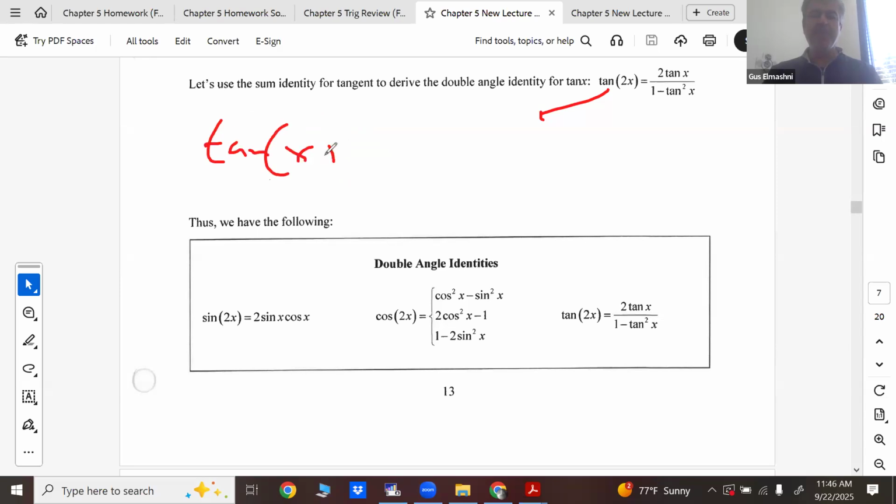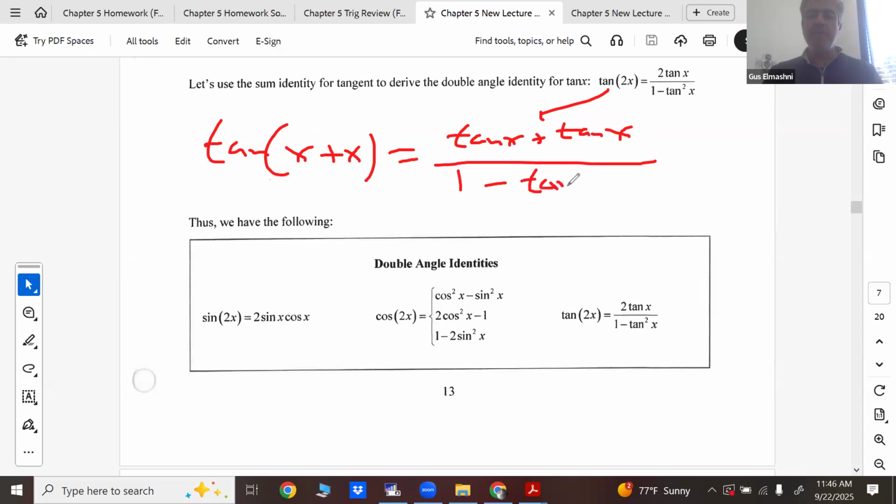That's much easier. So that'll be tan x plus tan x. So that proves the identity.